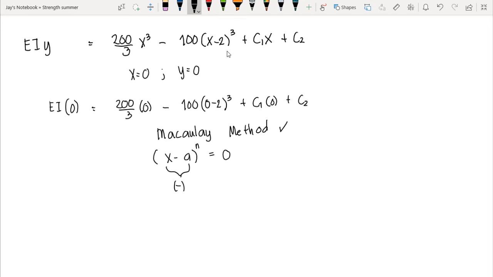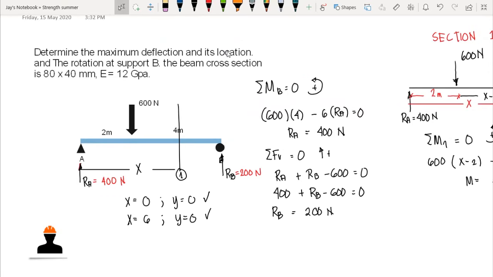Otherwise, if you do not use the Macaulay method, then you need to cut it twice.